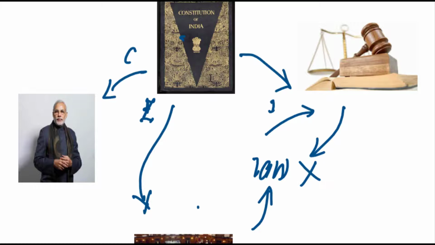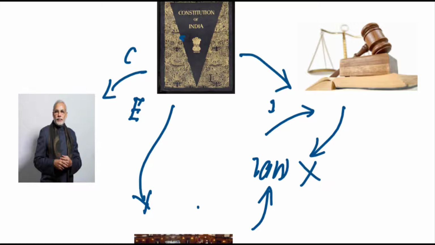Alright? So this is where we make our final conclusion: the constitution creates, empowers, and enables by empowering the three organs of the state, and it finally regulates the three organs of the state by restricting them.